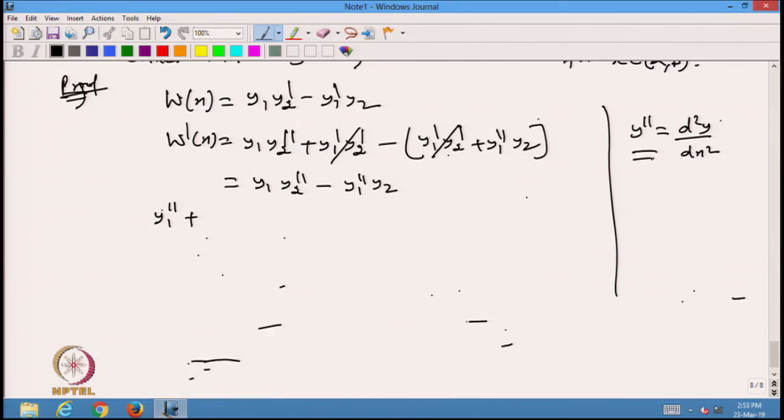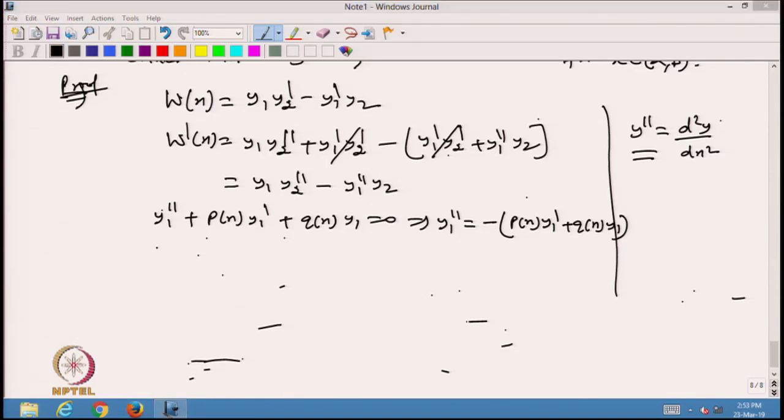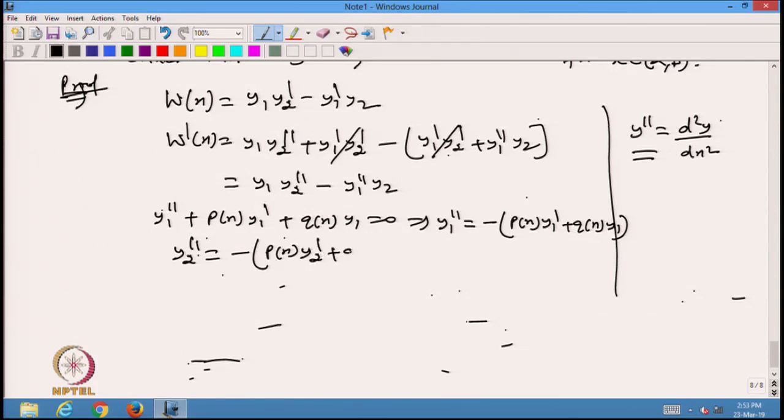So, y1 is the solution of the equation, so from here I can write y1'' as minus of p(x) y1' plus q(x) y1. Similarly, y2 is also a solution, so y2'' can be written as minus of p(x) y2' plus q(x) y2.